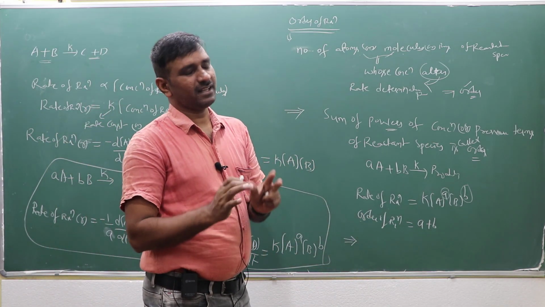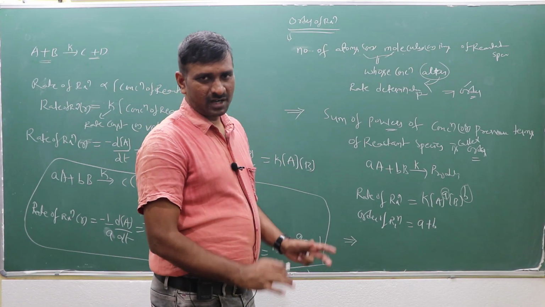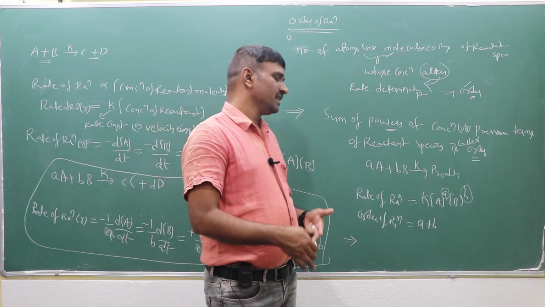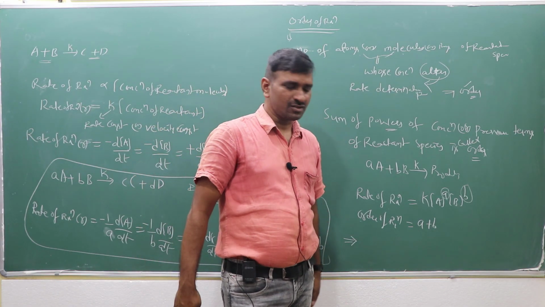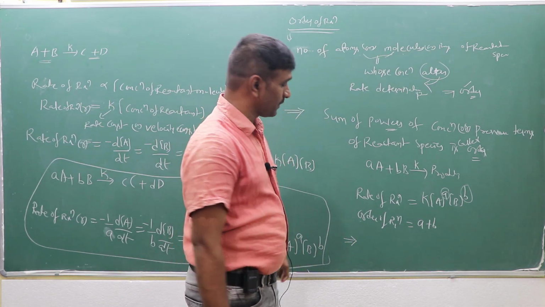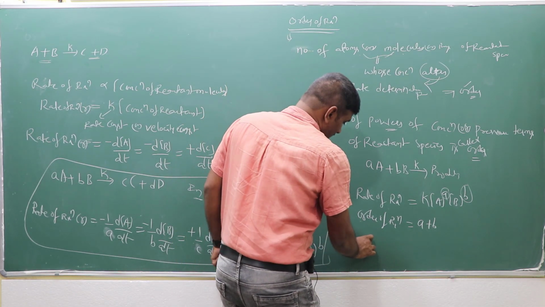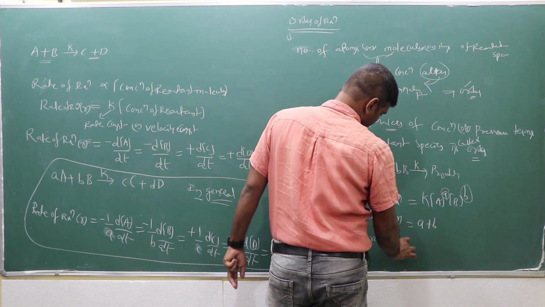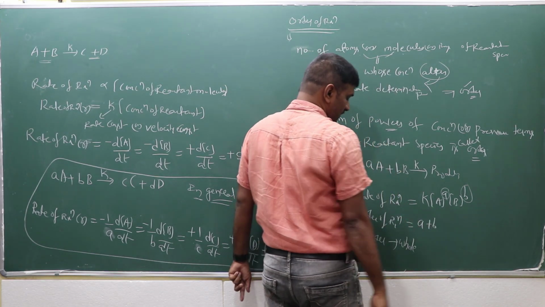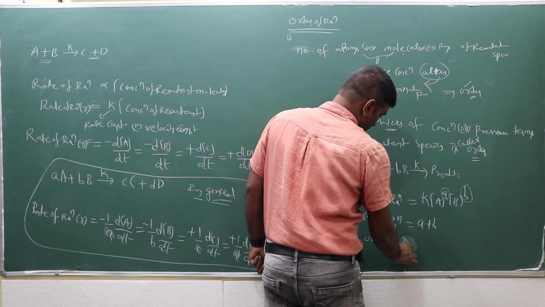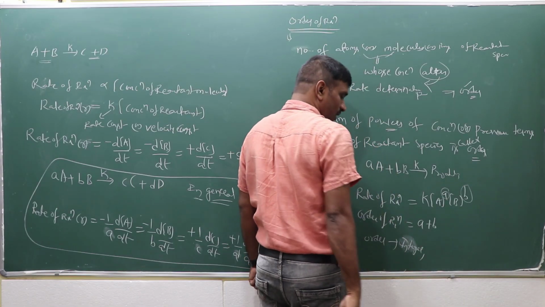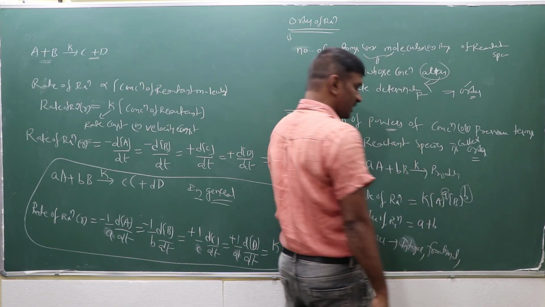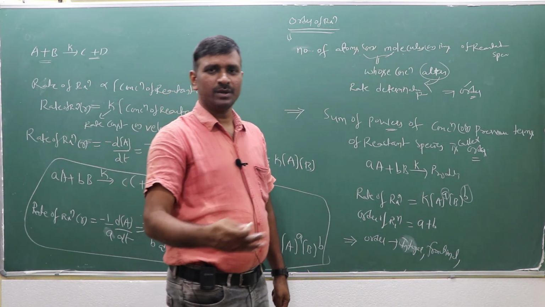Order can be determined from the experimental point of view only. Order can be determined in experiments. Further, molecularity is also there. The molecularity can depend upon theory also, but order can be determined experimentally only. Based on that, the order may be a whole number, that means integer values are possible, or fractional values are also possible, like 1 by 2, 5 by 2, 3 by 2.